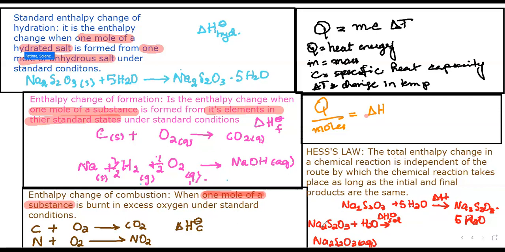So I can measure this. So I've taken my reactant, put the sodium thiosulfate and the water together, and calculated the enthalpy change. Now, what did I do next? Then I took my crystal. I took my crystal and I also added water to it.